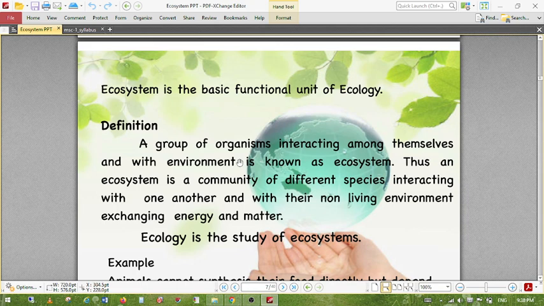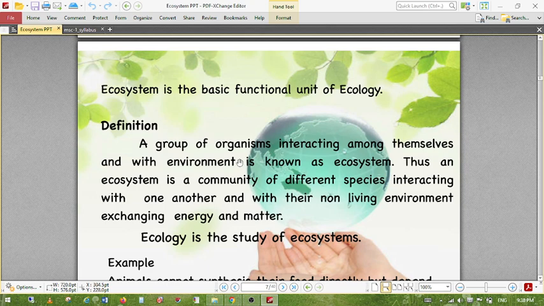So this is very crucial. Producers and consumers are okay, but the decomposers are very much essential because they complete the whole cycle. So these are the three major components of the ecosystem.